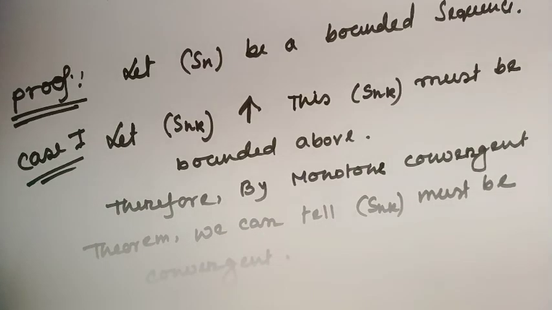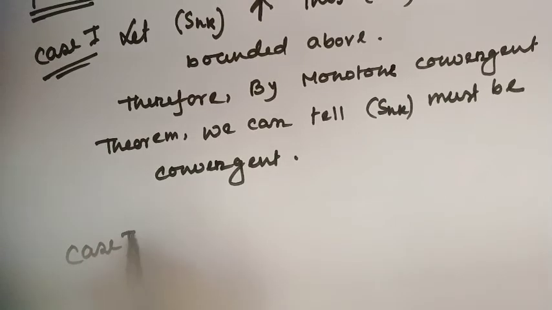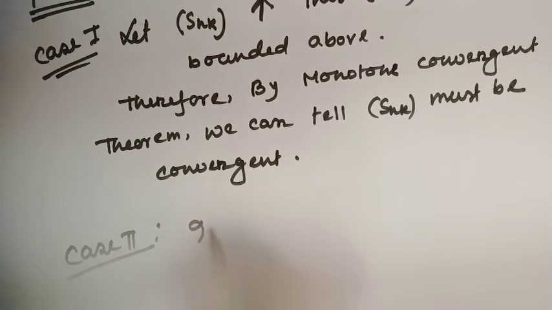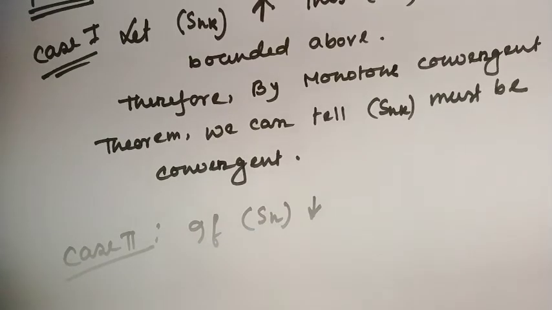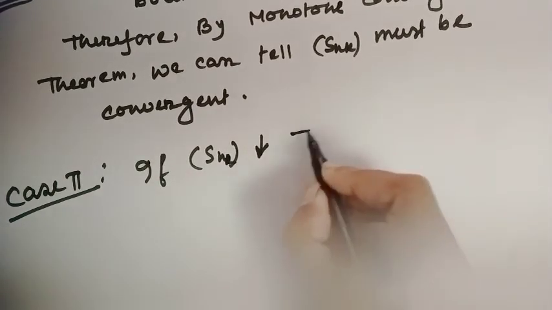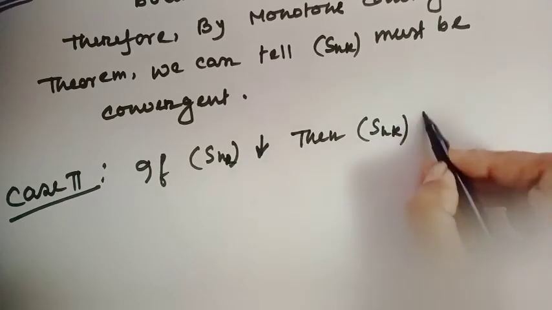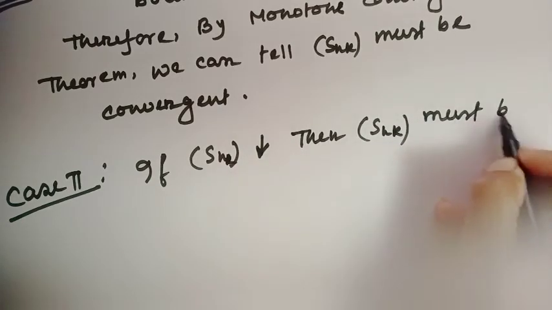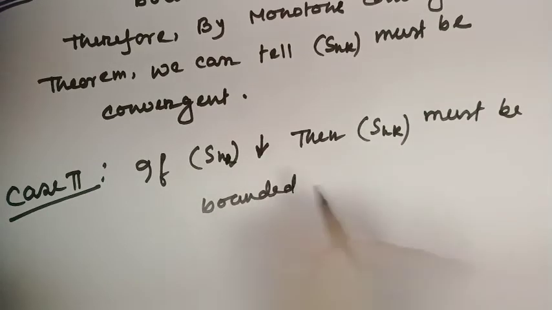Okay? Case 2, if Snk is a monotone decreasing subsequence of Sn, then Snk must be bounded below.